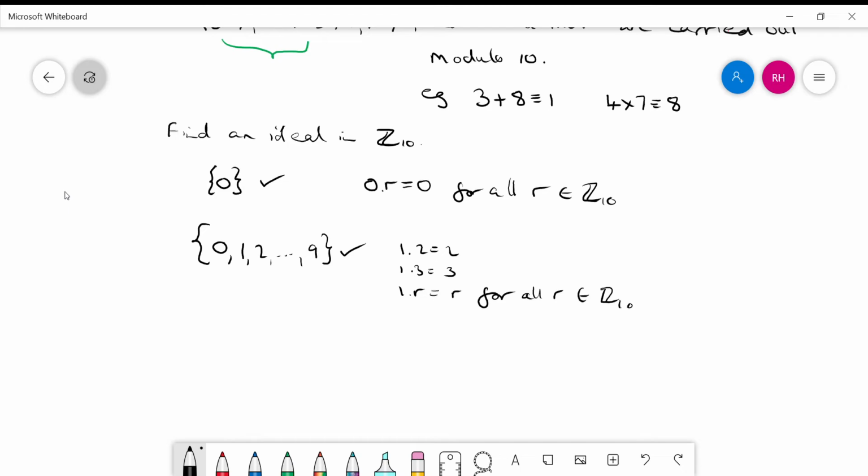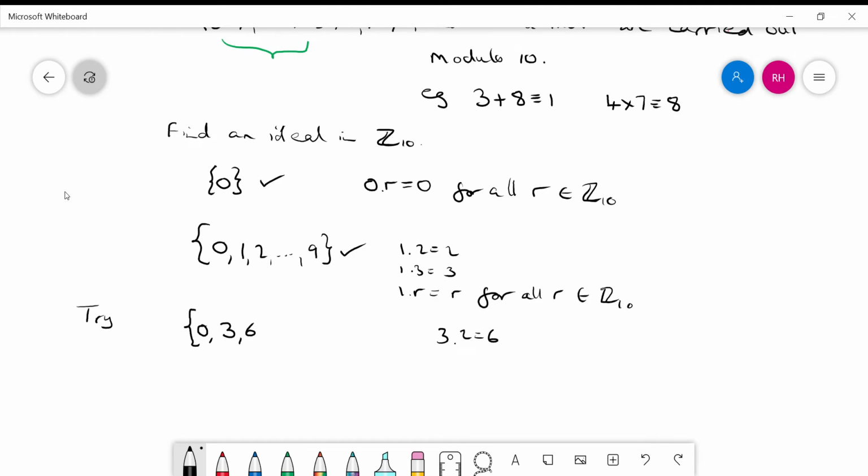So how could we construct another one? Well, let's try. We said once we've got a 1 in, there's no point going on because we'll have the whole lot. But we do need a 0. So we could put 0 and let's try 0, 3. Well, what have we got? We've got 3 times 2 is 6, so we better put a 6 in.